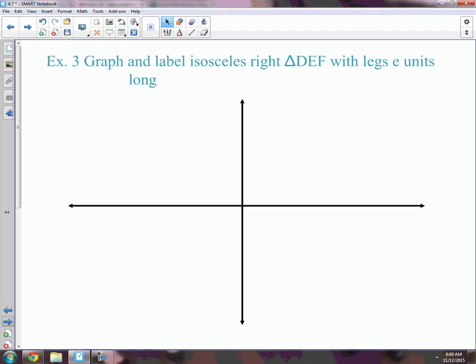You could go this way, but you have to worry about negative values then. But those are some tips. When I draw my isosceles right triangle, I'm going to build it right here. And my two congruent sides have to be right there, because this hypotenuse would be longer than the other two.